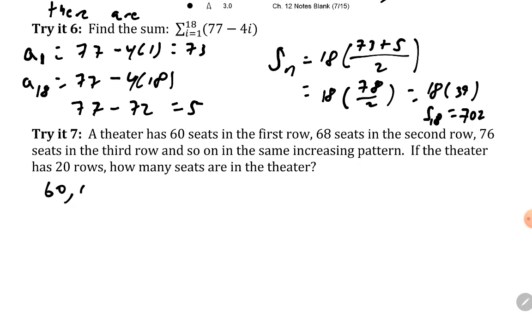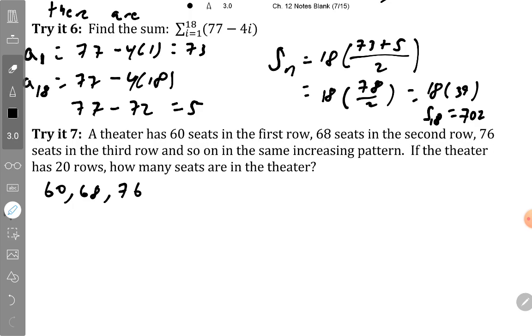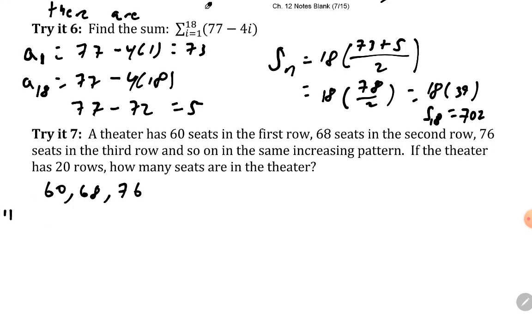So we have 60, 68, 76. We need to find d. Well, that's 8, right? D equals 8. The difference is 8.